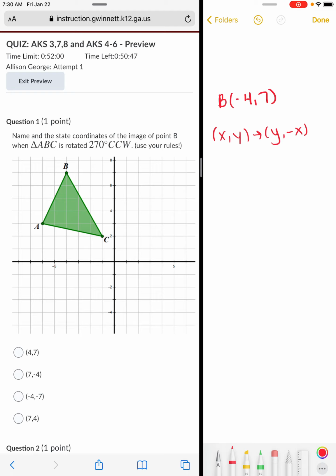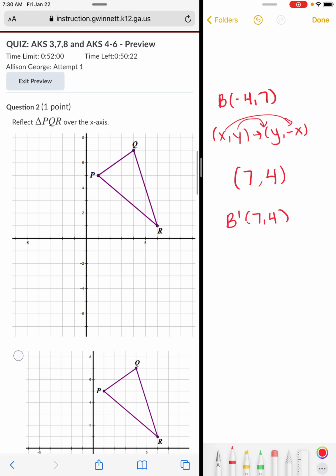So (x, y), (-4, 7), becomes y. So whatever was last now moves to the front. Right, y moved up front, so 7 comes to the front, and then x moves to the back and changes sign. So -4 moves to the back and it changes to a +4. So B prime is at (7, 4).